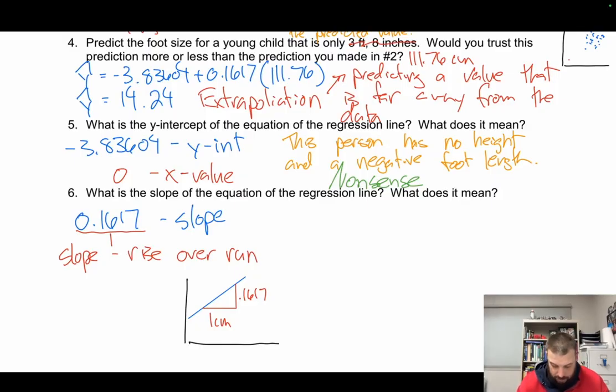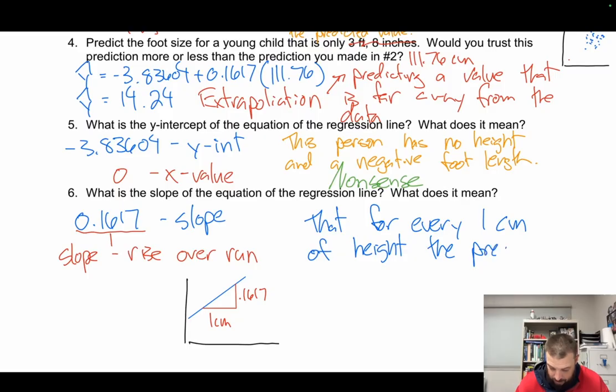And so what does this mean? It means that for every 1 centimeter of height, the predicted, which is important, foot size increases, right? Because it's positive, we're going up. You can have negative slopes.